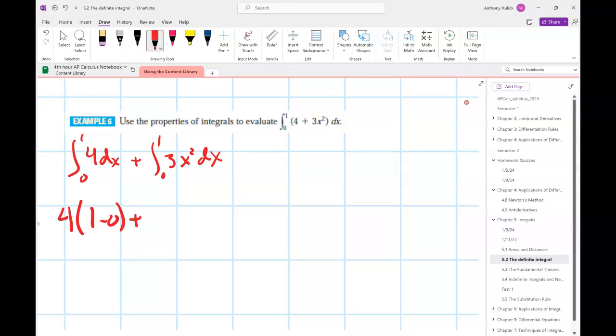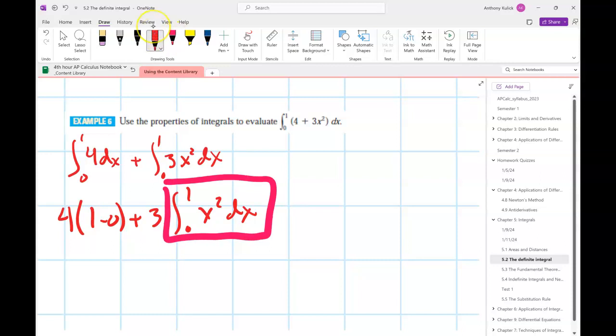That integral is done because it's just the integral of a constant. The second piece, I'm going to pull out that constant of 3.